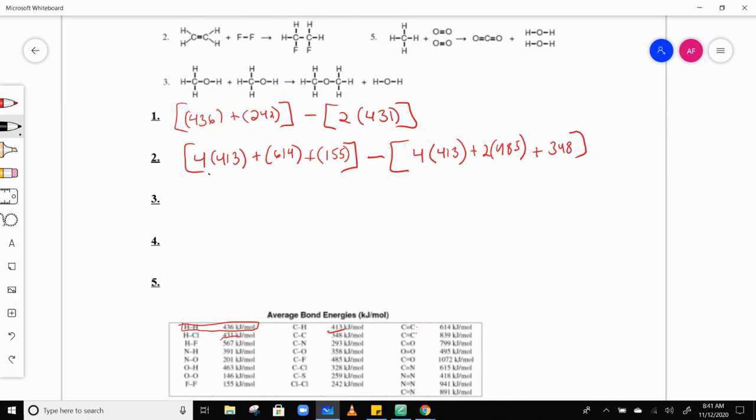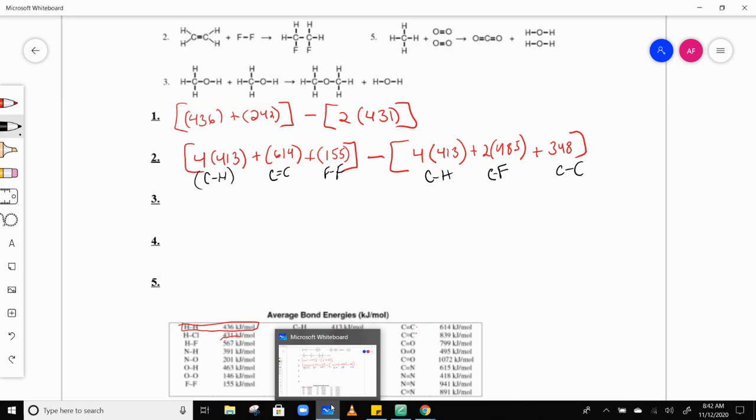So this is CH. This is the C double bond C. This is the FF. This is the CH. This is the CF. And this is the CC. So sometimes it helps to label them that way so you keep track. Okay, so far so good?